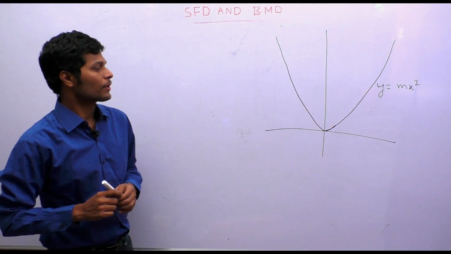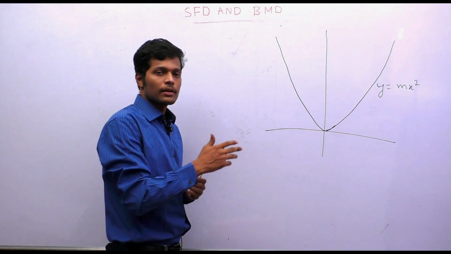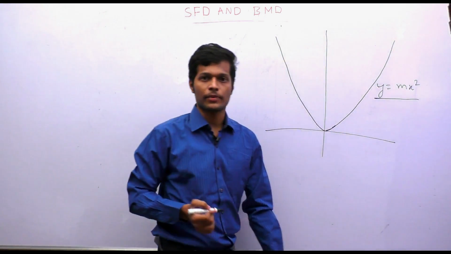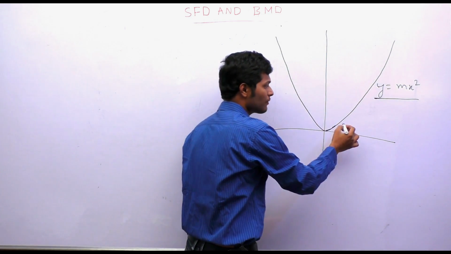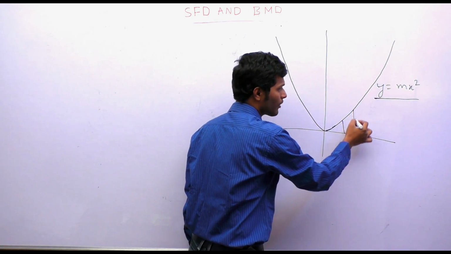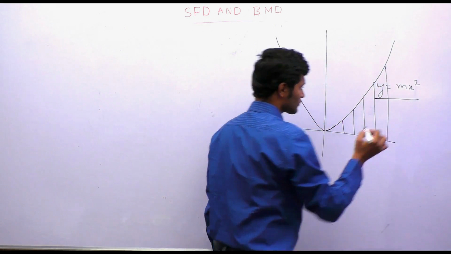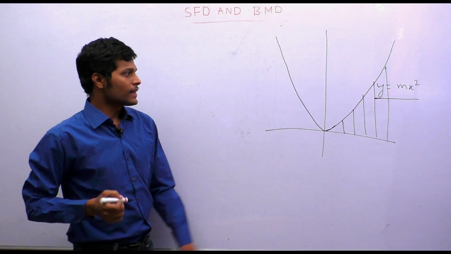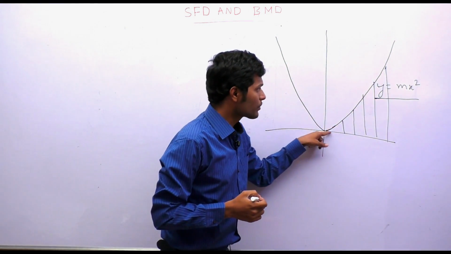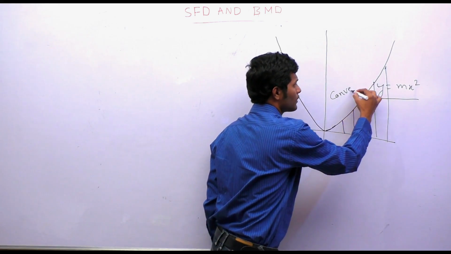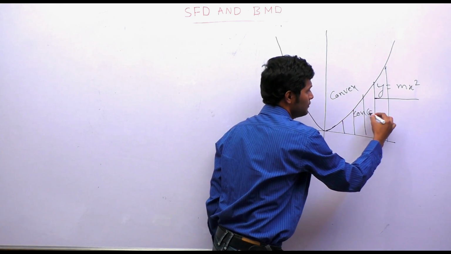Now we will see how to identify whether we are going to get a convex parabola or concave parabola in the answer. Okay. So here you can see the 2-degree parabola curve, y is equal to mx square. So here what is the value of y? This is the value of y. So we can see the y is equal to mx square, so we can see this is the convex side and this is the concave side.